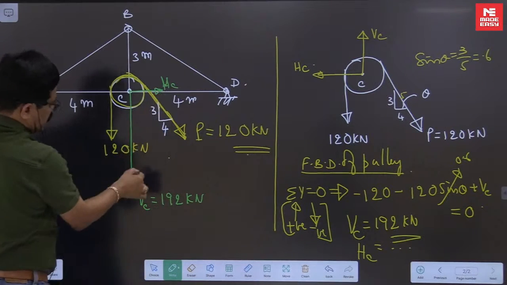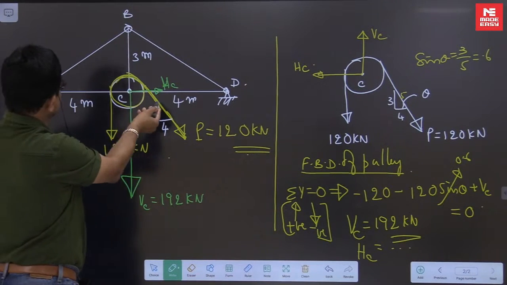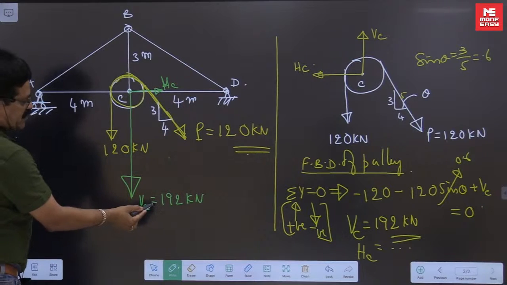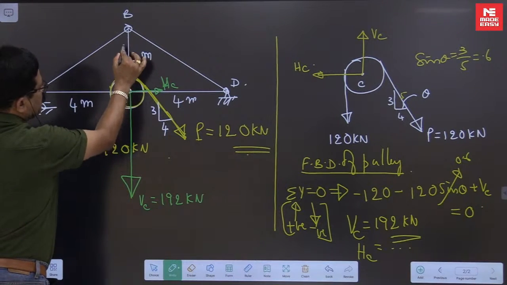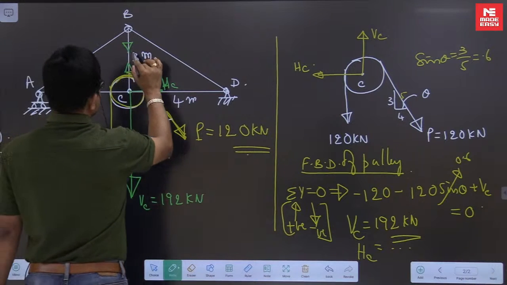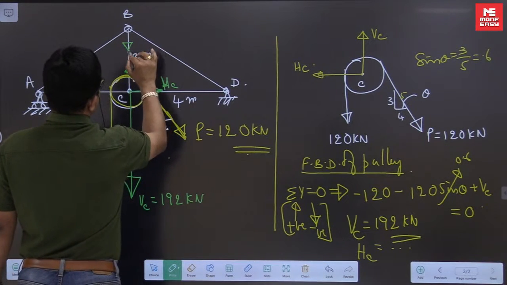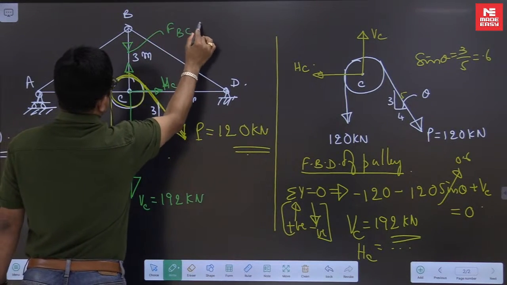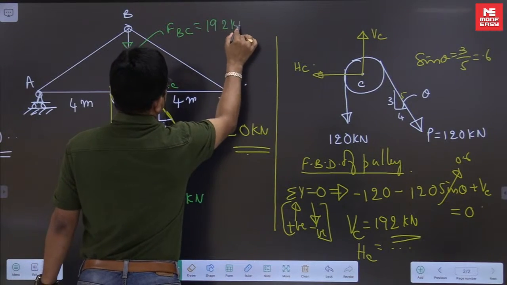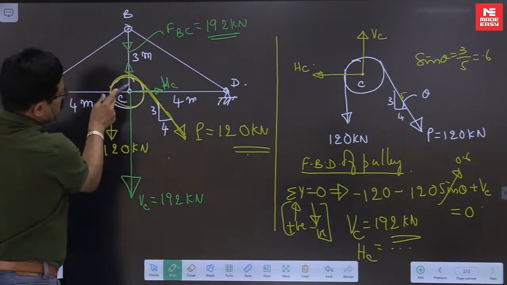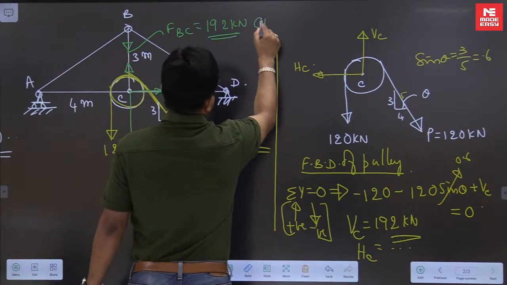But this force we are not interested in, because it is taken by the AC and CD members. If this is 192 down, here 192 up, arrow mark away from the joint. So now this is the force in the member BC. From sigma y equal to 0, it has to be 192 kilonewton. Arrow marks are away from the joint, that means it is tension.